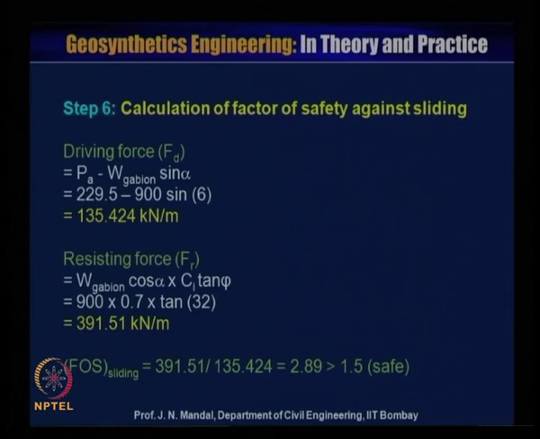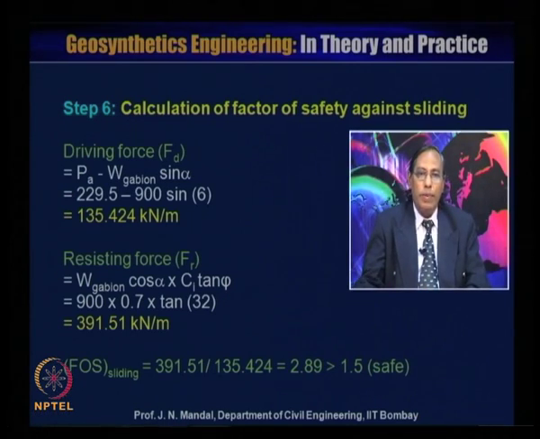Step 6, calculation of the factor of safety against sliding. So, driving force Fd is equal to Pa minus W gabion into sin alpha. So, Pa you calculated 229.5, W gabion is 900 into alpha is equal to 6, so sin 6 degree. So, driving force Fd is equal to 135.424 kilonewton per meter.